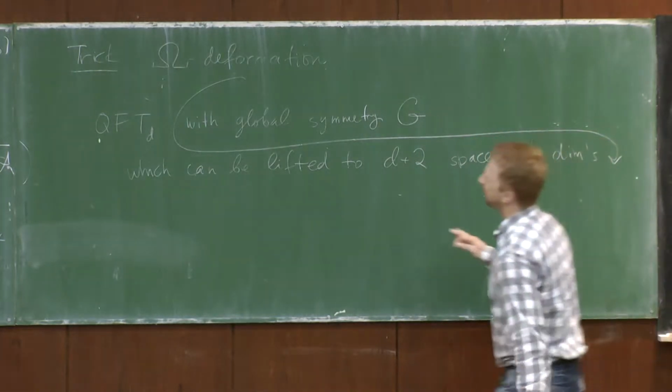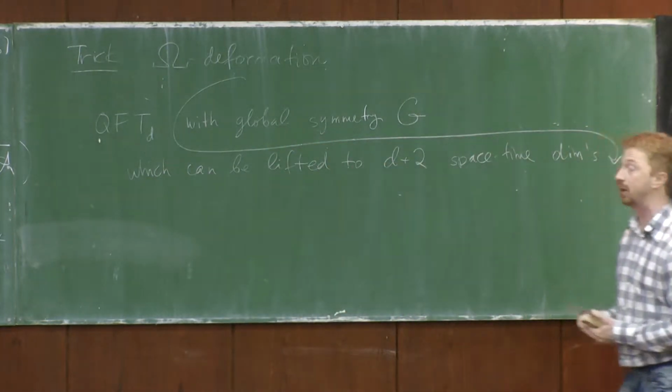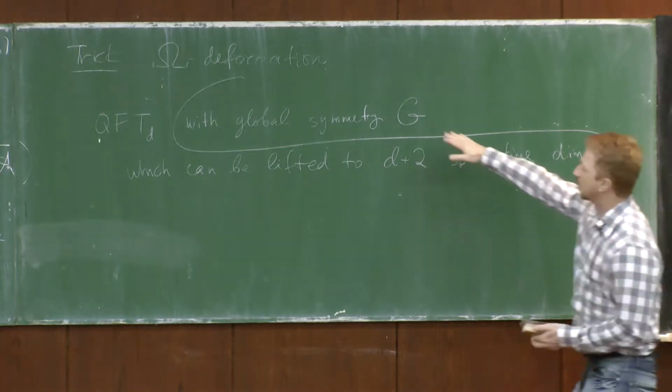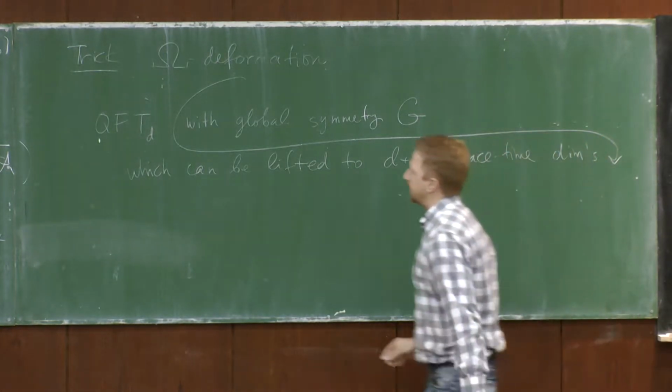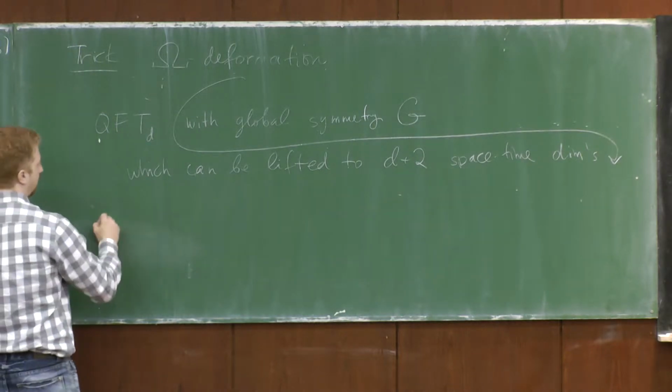So the idea is that if your quantum field theory allows the lift to D plus 2 dimensions with a global symmetry G, then what you can do, you can compactify.